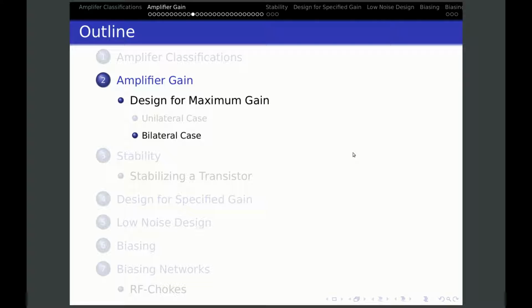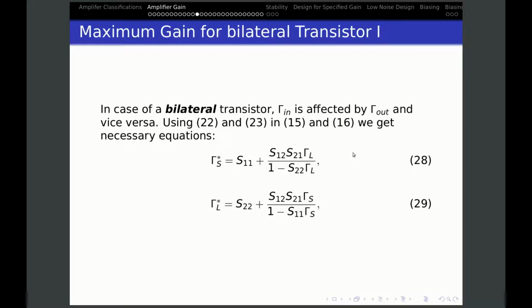How to design an amplifier for a transistor which is bilateral? That's our question now. Well, in the bilateral case, our gamma S is equal to this value, and my gamma L is equal to that value here. Since gamma S and gamma L must be the conjugate to gamma in and gamma out, we have to set gamma S to be the conjugate of this and gamma L to be the conjugate of that.